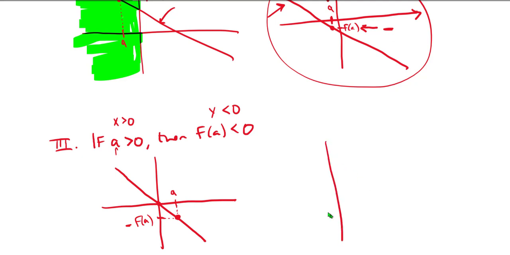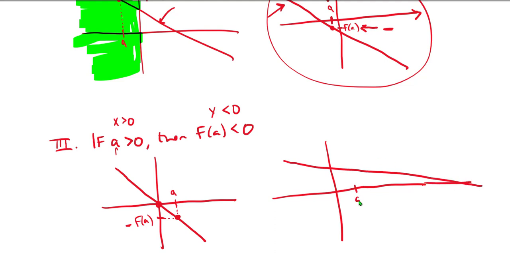But again, I don't need to pick that particular line. I don't need my line to have a y-intercept of 0. I could have a negatively sloped line that looks like that. And now, if I choose a positive a value, an x value that is greater than 0, I am getting a y value, or f of a value, that is positive.